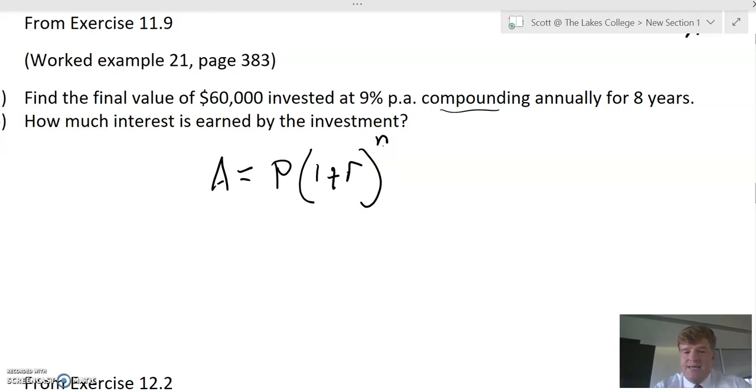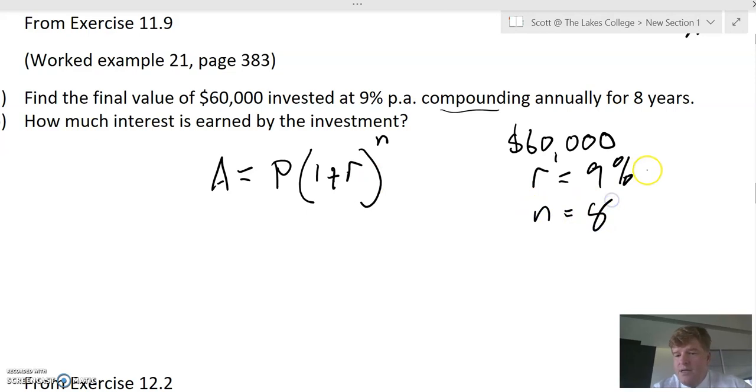So in this case, the principal is $60,000 and it's invested, so that's going to mean it's going to increase in time. The rate is 9% and the number of times it compounds, 8 years. 9% is the same as saying 0.09.